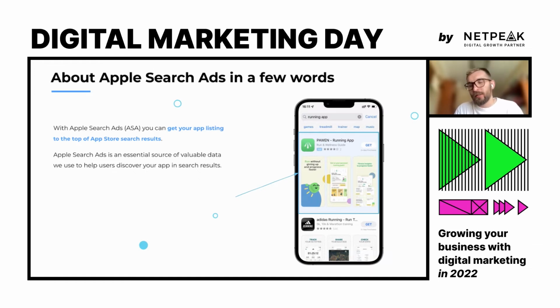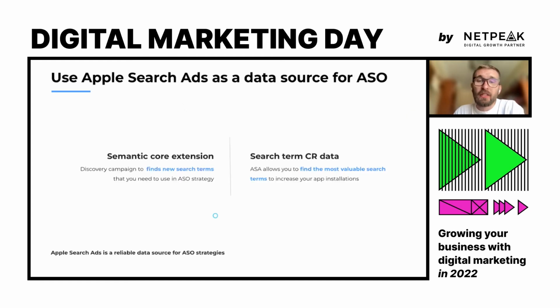The idea is the same, only the name differs. Using Apple Search Ads, we can attract new customers and new installations pretty fast, but we pay for each tap to our application. And our Apple Search Ads campaign can help us in 2 ways. First of all, you can use Apple Search Ads discovery campaigns.